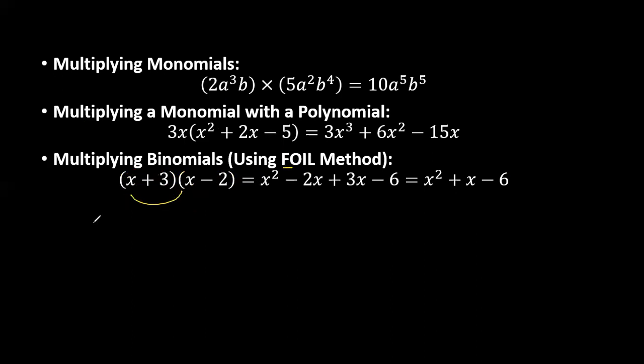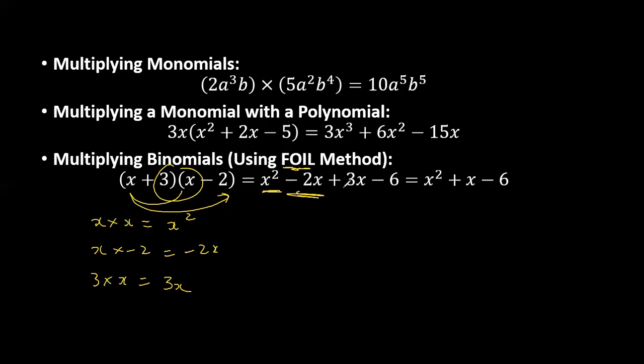First, so multiply these two. x times x is x square. These are the first terms. O means outer terms. Now you multiply this. x times negative 2 is negative 2x. So negative 2x is here. Now I is nothing but the inner term. So 3 times x is 3x. So you add the 3x over here.